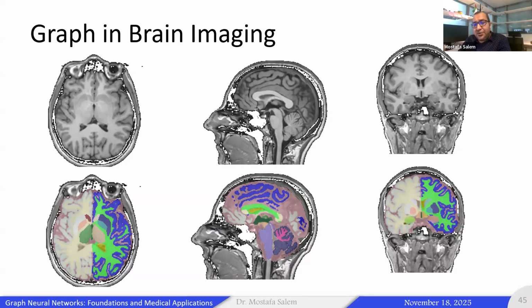Each region will represent a node. Each node will be connected to its nearest neighbor. At this time I have a graph, I have nodes and edges. I will pass the graph to a GNN to learn embeddings for nodes, for edges, and for the entire graph. And then I will pass the learned embeddings to a classifier or regression to do whatever I want, like Alzheimer's diagnosis or multiple sclerosis segmentation, and so on.